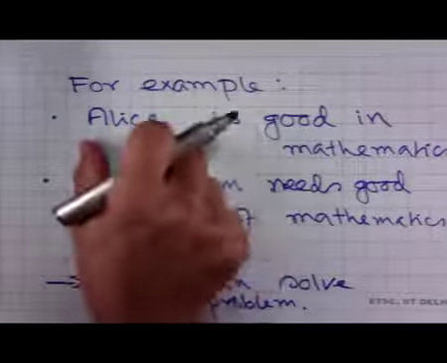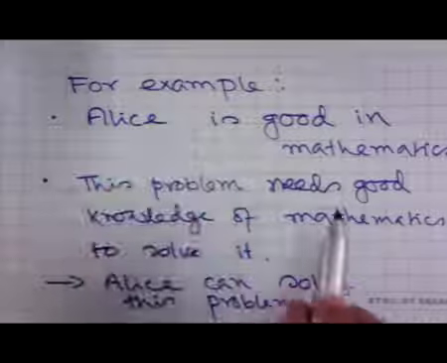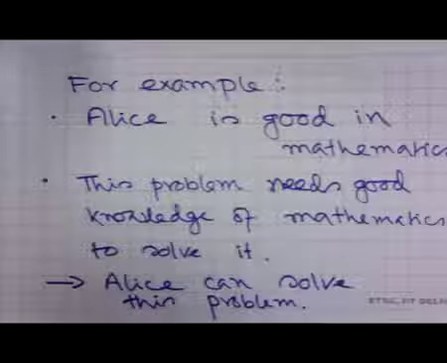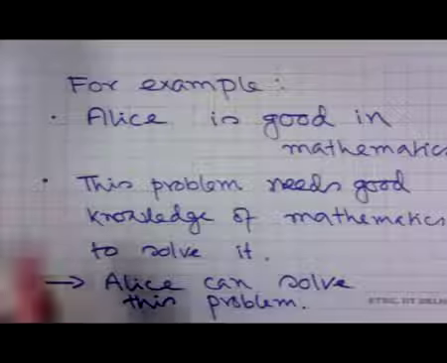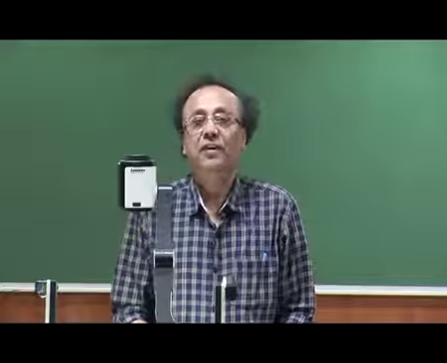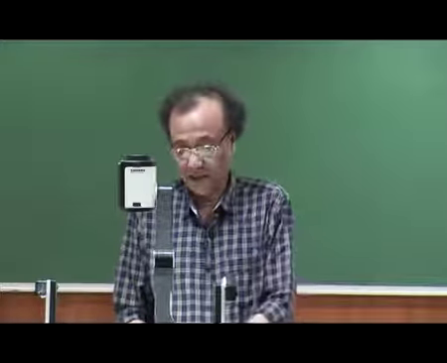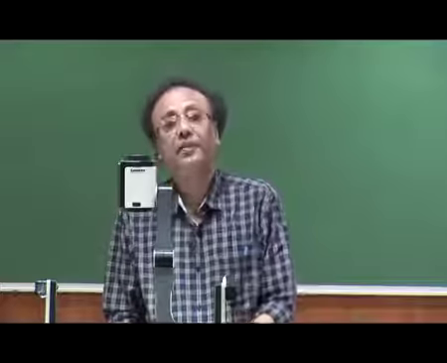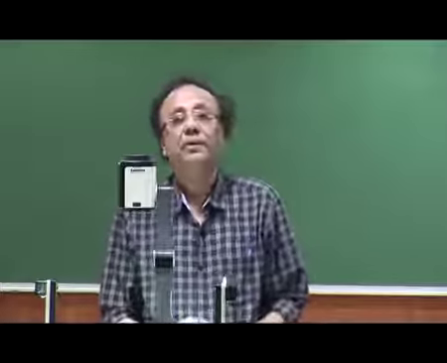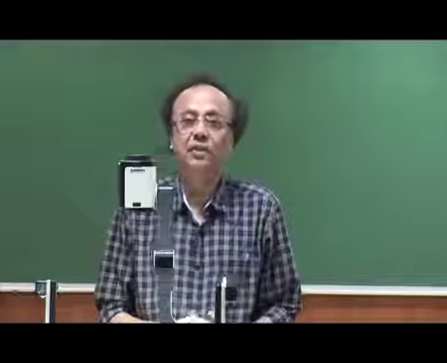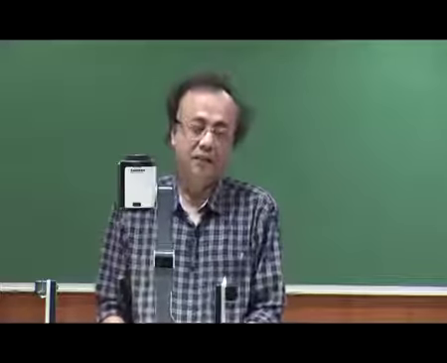Because Alice is good in mathematics and this subject needs good knowledge of mathematics. Together from these two facts, we can infer that Alice can solve this problem. So, this is a very simple reasoning that we human beings can do easily from the given facts.